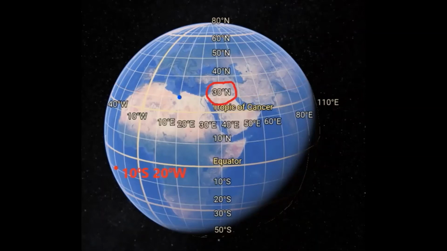Now let's look at the prime meridian, which is here again. It's not labeled, but as I said earlier in the video, this is definitely the prime meridian. I'm going to start here, counting from 0, going 10, 20 degrees, and this is going east from the prime meridian.